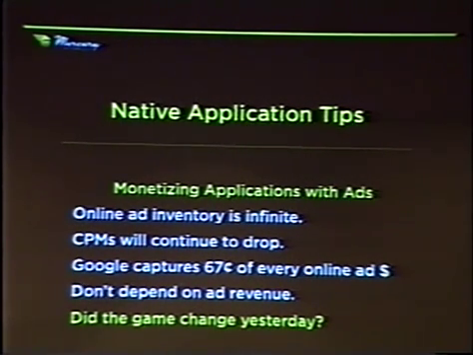Did you know that when you look at the online advertising market, it's a really big market in terms of dollars, but Google walks away with 67 cents out of every dollar. And the rest of us have to scrap for 33 cents. So you can't depend on ad revenue alone to perpetuate your organization.